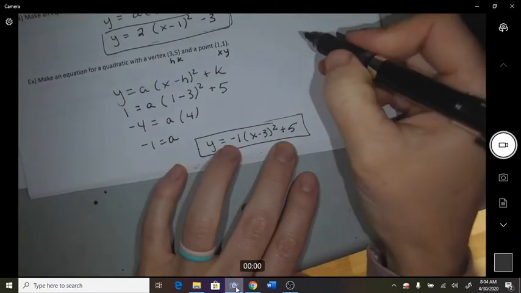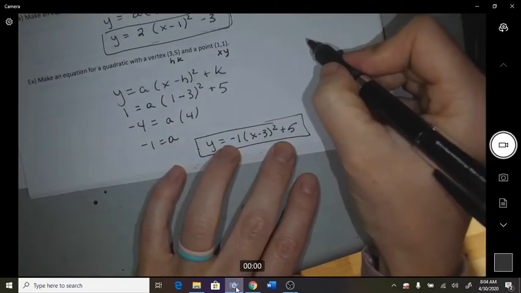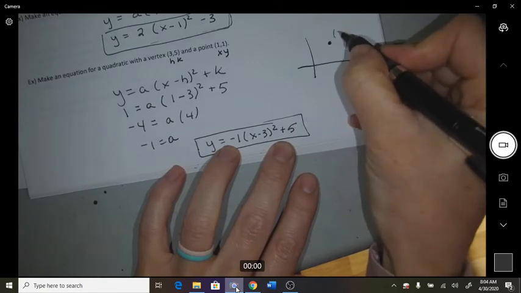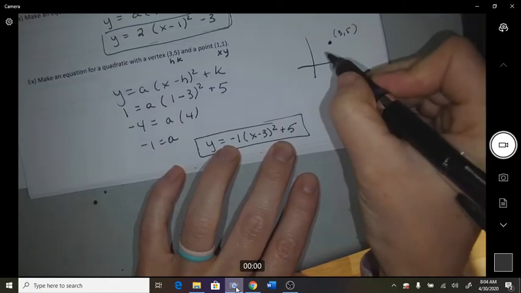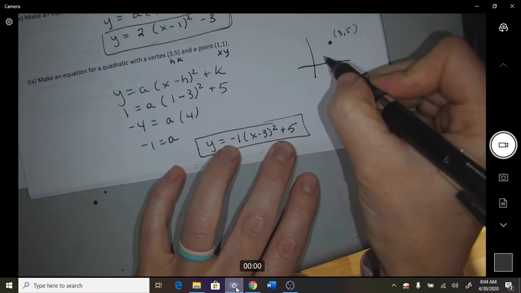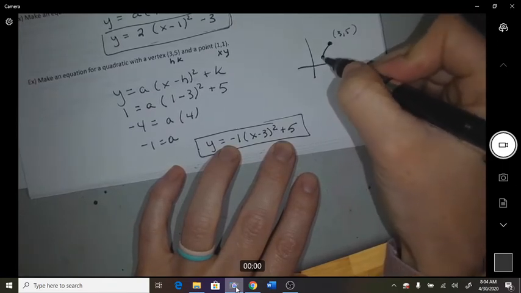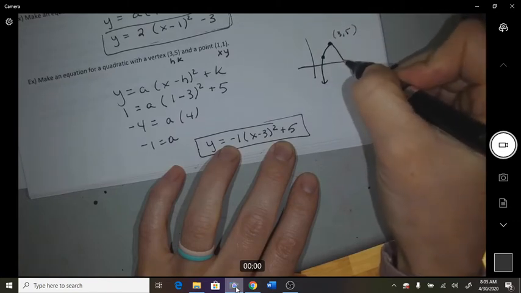I'm going to show you another way. So 3, 5, and then 1, 1 it goes through. So if this is the vertex and it goes through that point, it obviously goes downward.